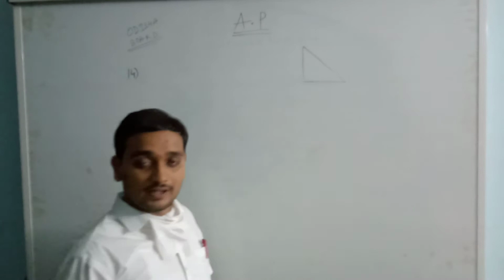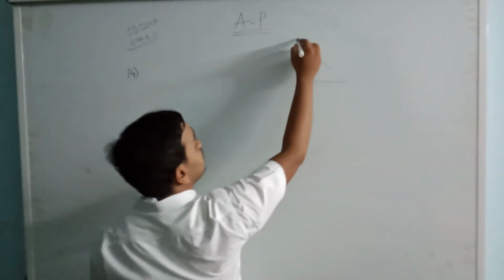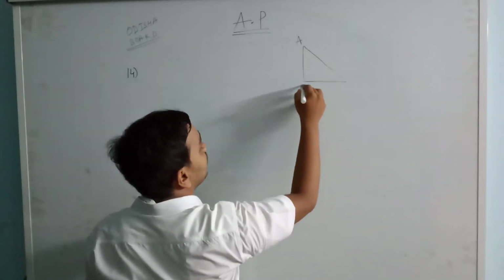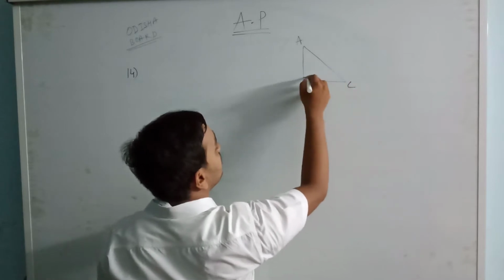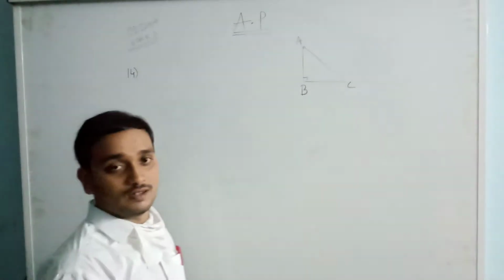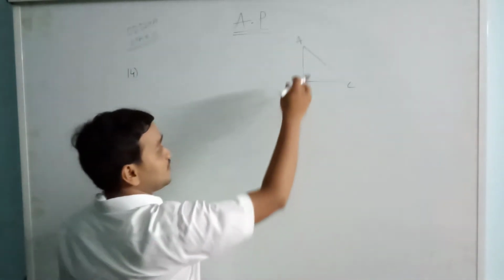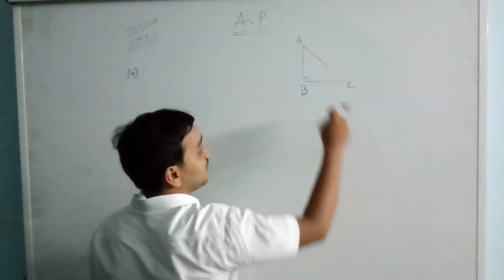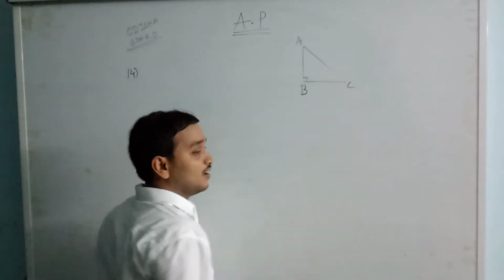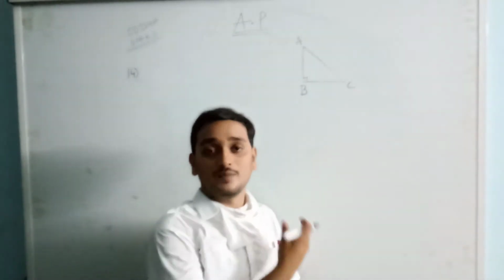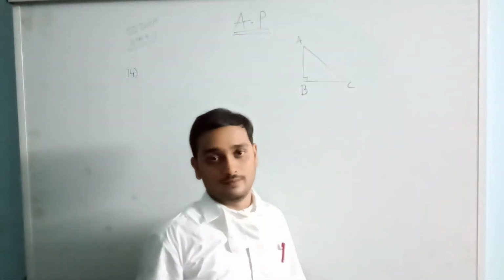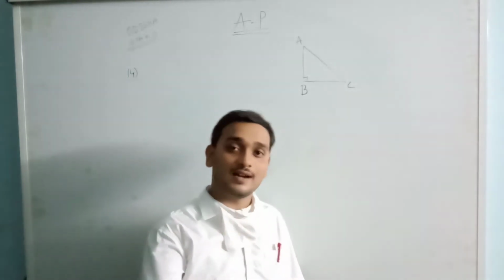This is a right angle triangle. Let this be A, B, C. Not necessarily a right angle triangle, but for understanding. This is P, this is B, this is H. In a right angle triangle, H means hypotenuse, always the largest side. That means the number is large.